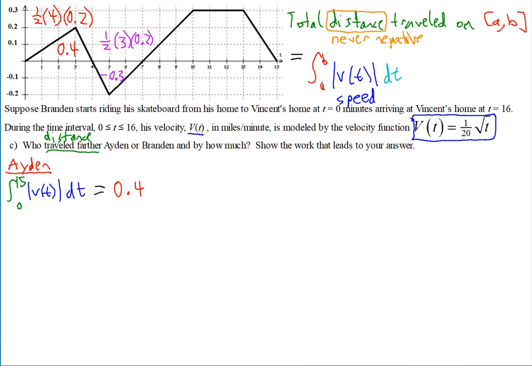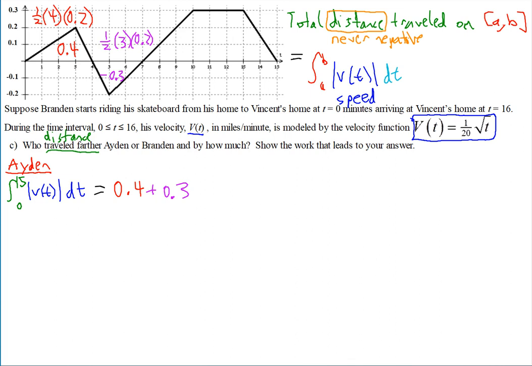It's negative because he's going back towards his house, but since we want distance traveled, that's where the absolute value comes into play and changes this negative to positive. Because you can see up until 7 seconds, if you want the distance he actually traveled, he traveled 0.4 miles away from his home and then 0.3 miles back towards his home. So the distance he traveled is actually 0.7 at this point.